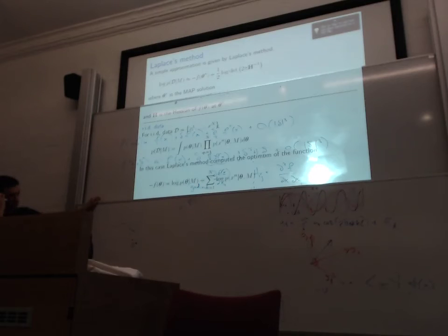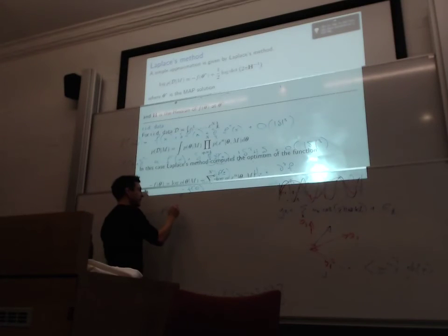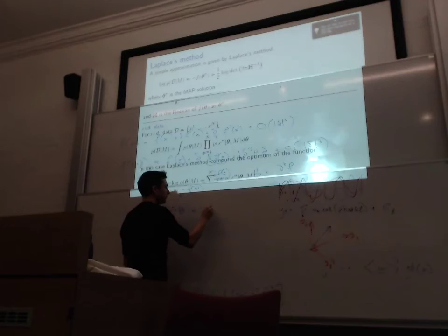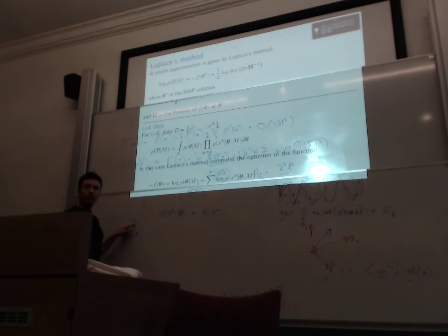So second order expansion. We say f of theta star plus delta theta, where delta theta is just theta minus theta star. Now, at the optimum point, the gradient is 0.